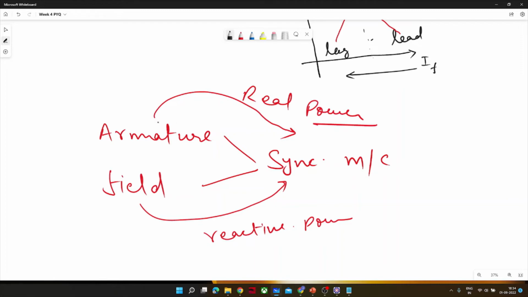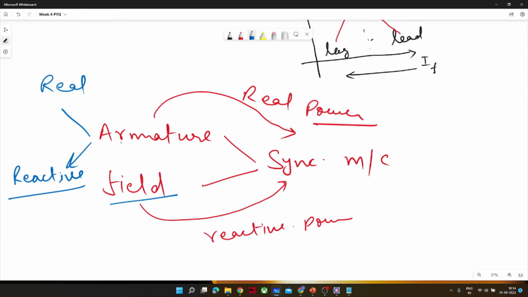To compensate, the armature would now have two components: one for real power and one for reactive power. This reactive part was the field winding's job, but it is not able to fulfill it. So now the armature should come into action and provide the reactive power to the motor. But the armature is also taking apparent power, kVA, from the supply.